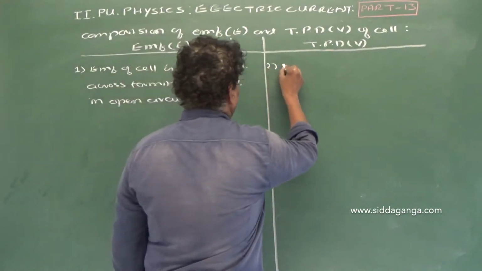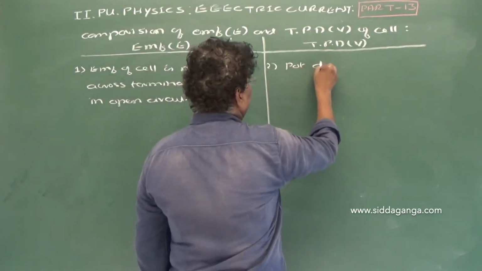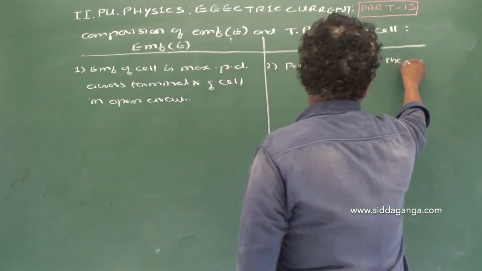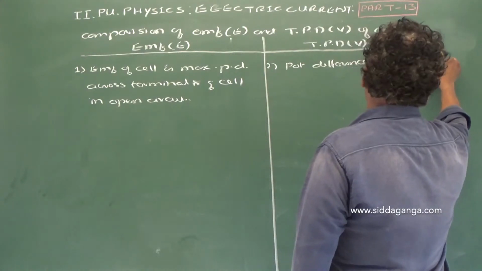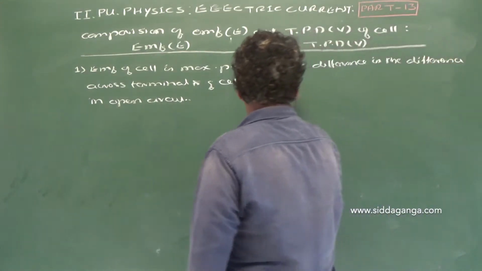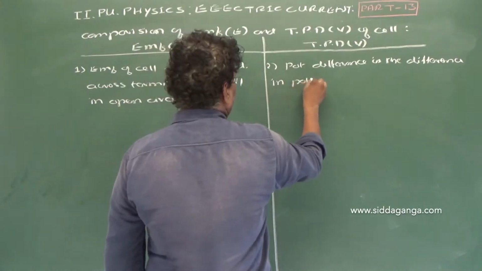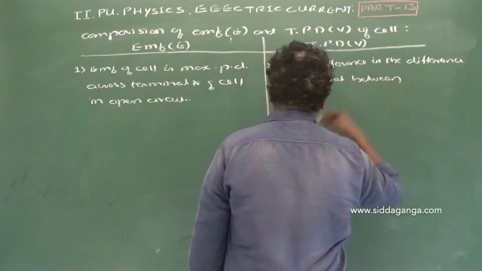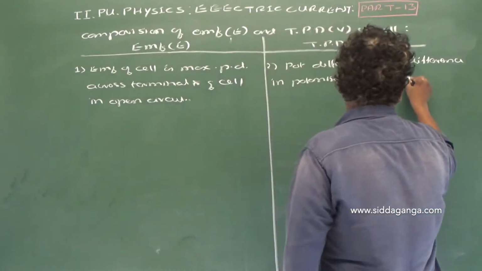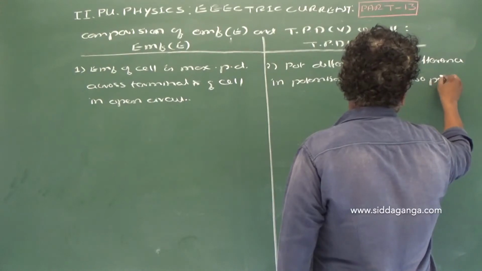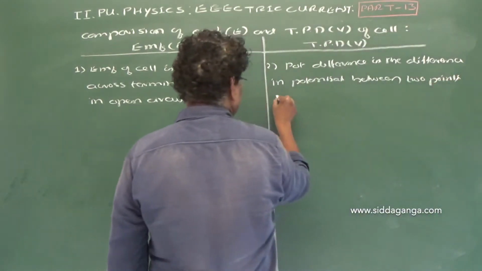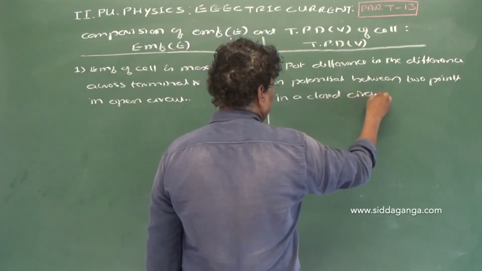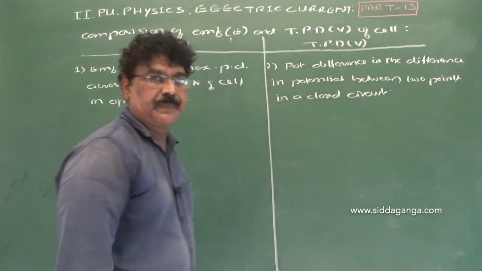Number two, potential difference is the difference in potential between two points in a closed circuit.